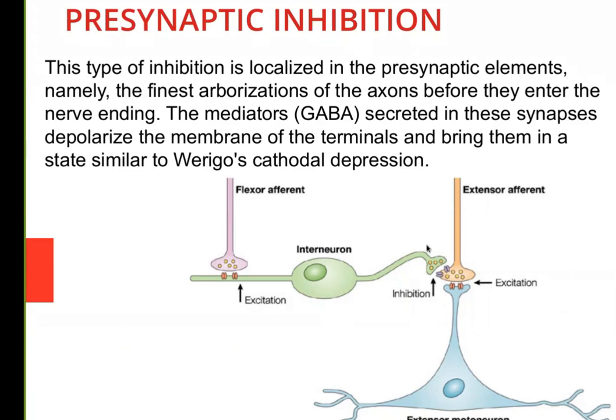But with the help of presynaptic inhibition, depolarization leads to blocking the propagation of impulses from one neuron to another. And this may happen if depolarization starts very slowly and lasts for a long period of time.